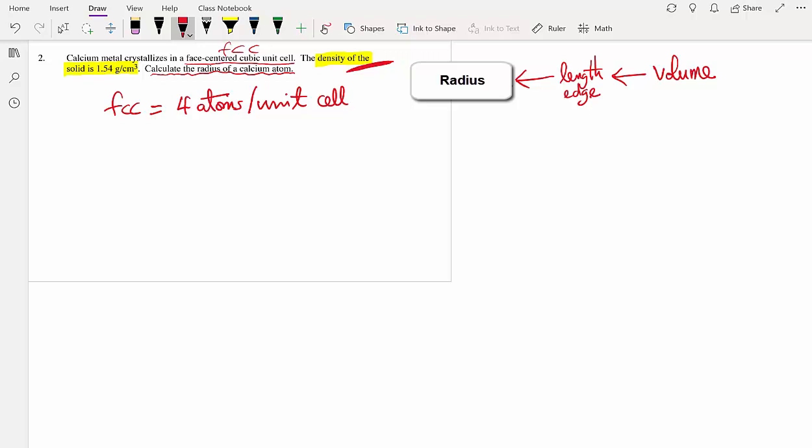We can calculate the mass of 4 atoms of calcium. Let us do that.